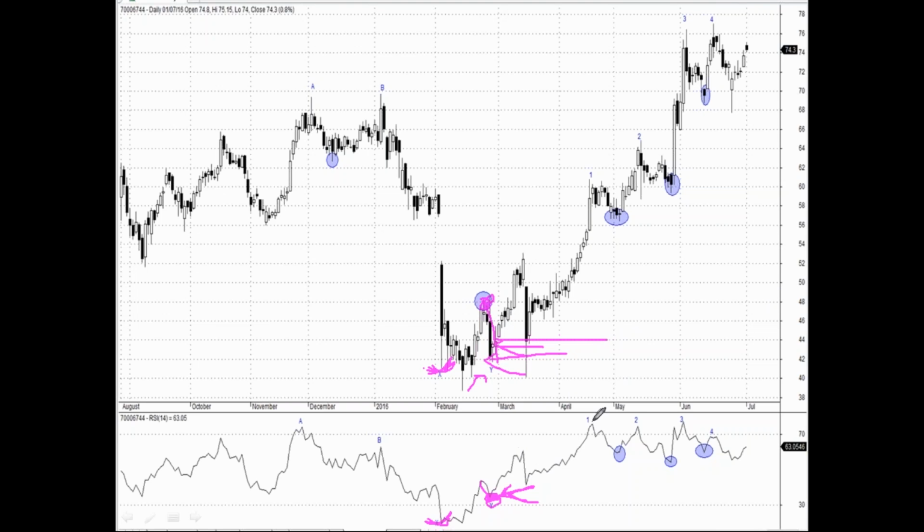As RSI moves out from the oversold area and moves to the overbought area here, this means that this fall has become weak, as our RSI has failed to move into the oversold zone again. If you are an aggressive trader, you could easily buy here.